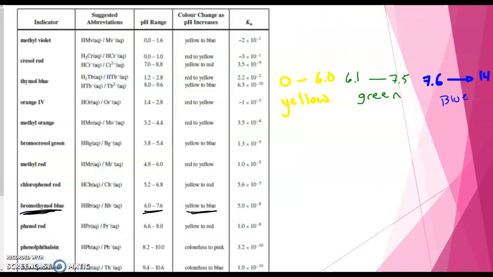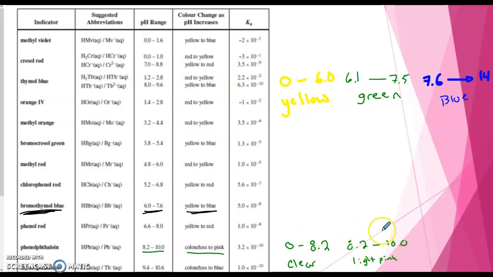If we just go back, phenolphthalein 8.2 to 10.0 is colorless to pink. So from 0 to 8.2, it's going to be clear or colorless. From 8.2 to 10.0, it's going to be a light pink, because clear and pink is just going to make a lighter pink.